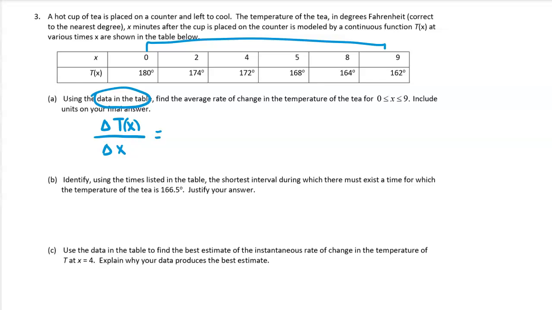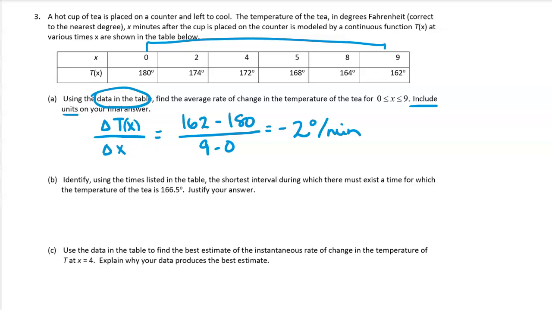So 162 minus 180 over 9 minus 0 gives us negative 18 over 9, which is negative 2. Include units, and that would be degrees per minute. Some of you put degrees Fahrenheit, and that's fine. So there's our average rate of change.